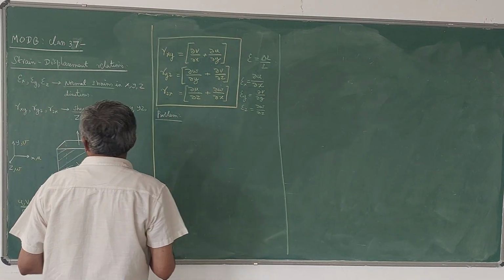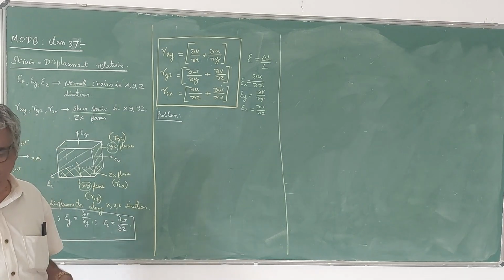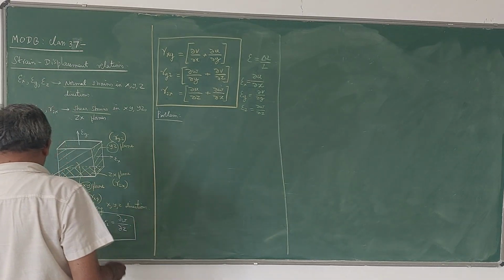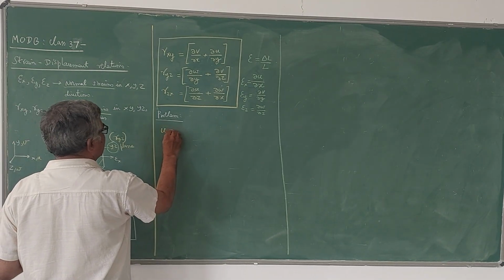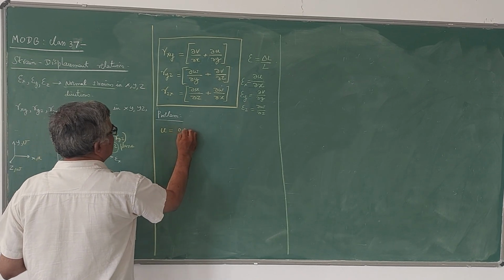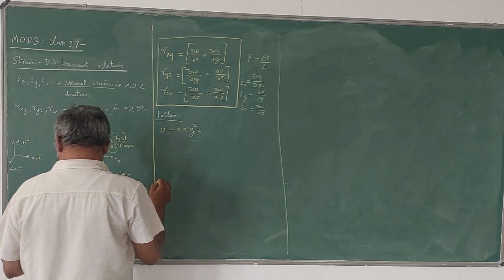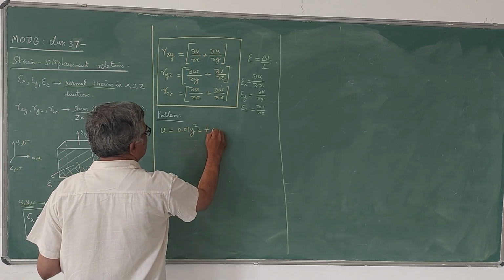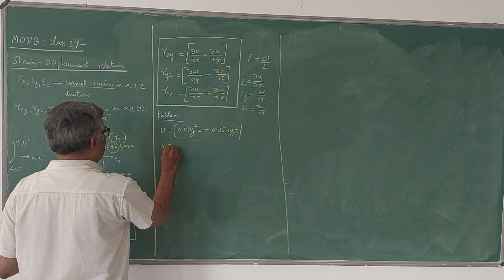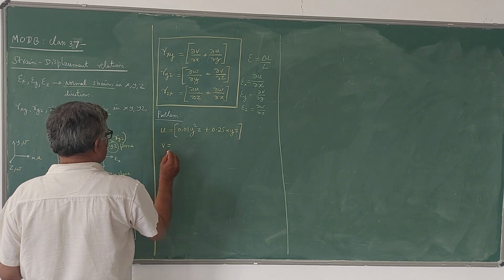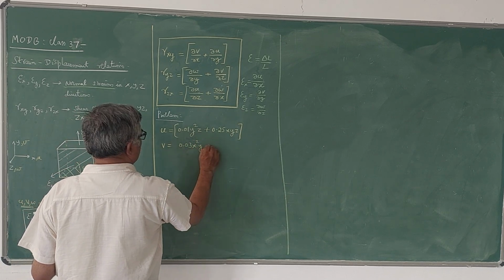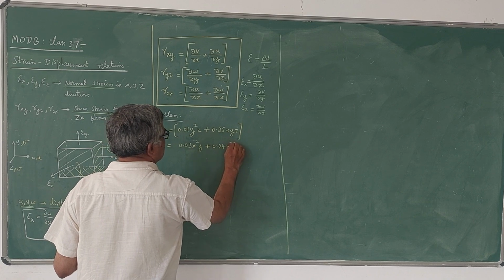Now I will take up a problem wherein you are asked to find the strain components given the displacements. Here the displacement components are given like this. They are all functions of x, y, z. u is equal to 0.1 y square z plus 0.25 xyz. You can see that they are functions of x, y, z. v is equal to 0.03 x square y plus 0.04 x square yz.